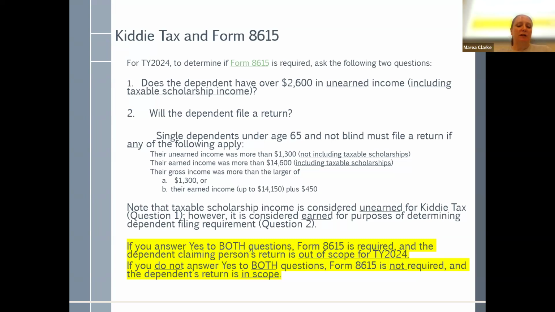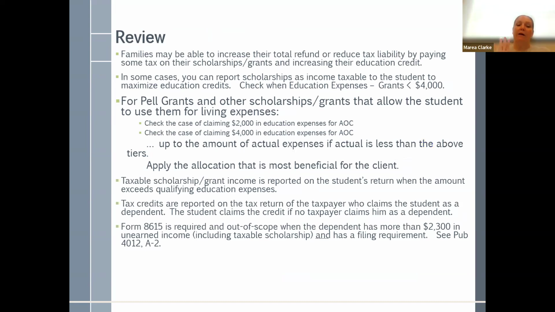There are some additional criteria: unearned income has to be more than $1,300 if you take out the taxable scholarships, their earned income has to be more than the standard deduction, and then there's a gross income number as well. So it's not very common to see that, but it is theoretically possible. If we ever did, we're going to back away slowly. It is not what we're going to work on.